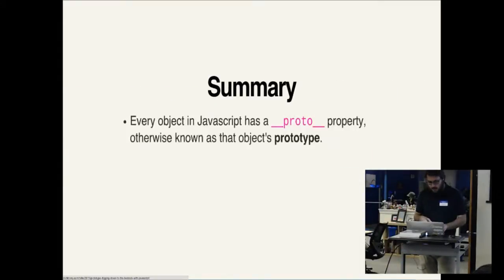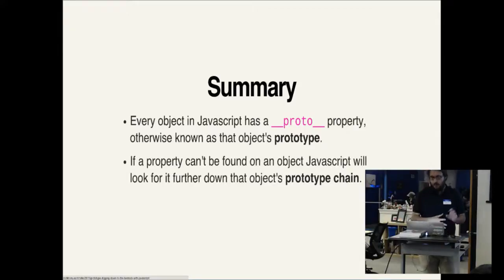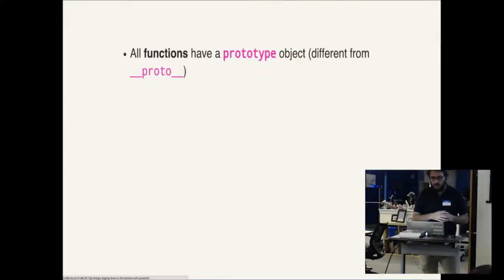So summary. Every object in JavaScript has a proto property, and that points to that object's prototype. If a property can't be found on the object, JavaScript's going to use its prototype inheritance mechanism to look for that object further down its prototype chain. All functions have a prototype object, and this is different from its actual prototype.